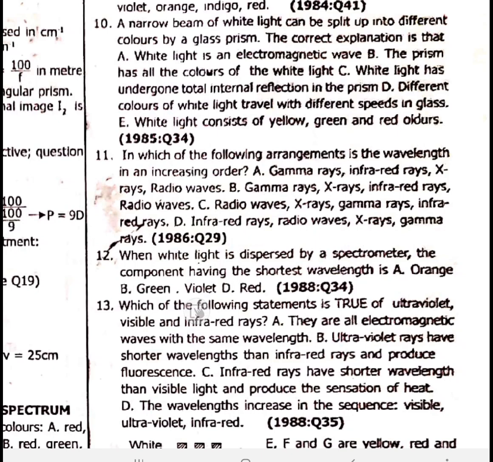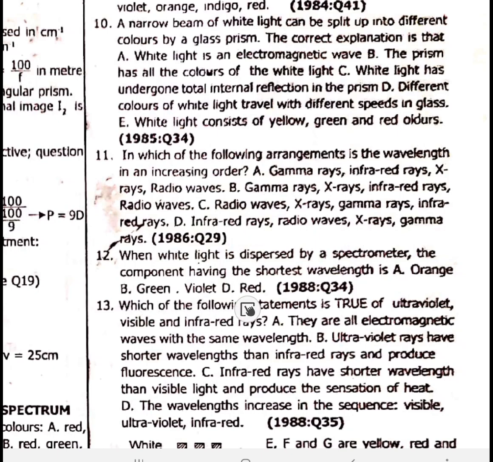Here's the increasing order of wavelength: gamma is the least, then X-ray, ultraviolet, visible light, infrared rays, microwaves, and radio waves. Radio wave has the highest, or the longest, wavelength.